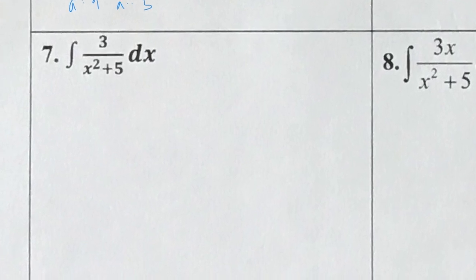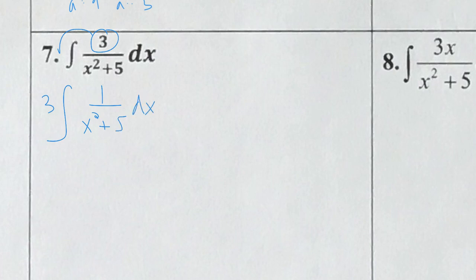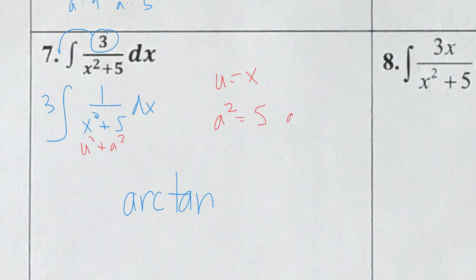Okay, so number 7. We're going to pull the 3 out to the front: 3 times the integral of 1 over x squared plus 5. Hopefully you recognize this as an arctan style antiderivative. We have u squared plus a squared, so u is equal to x and a squared equals 5, so a is root 5.